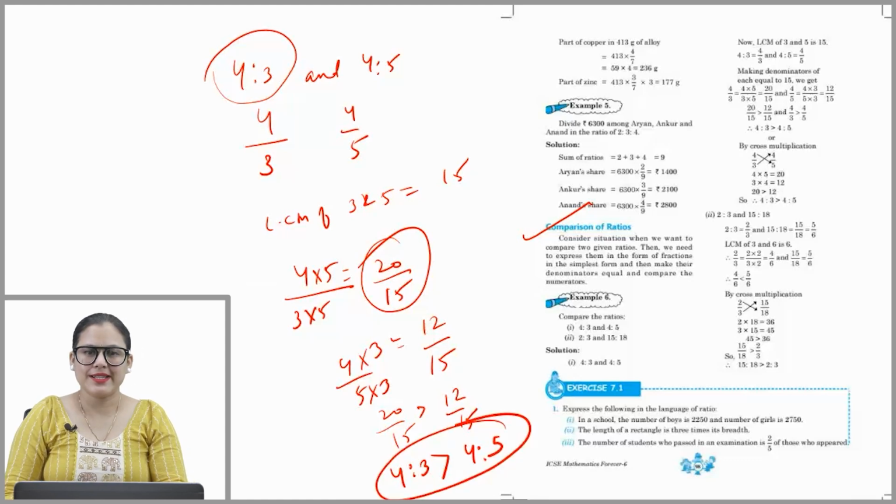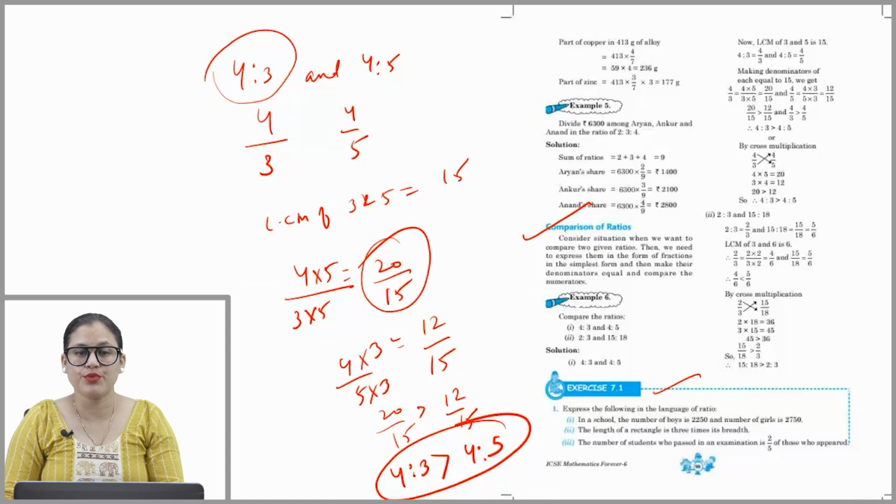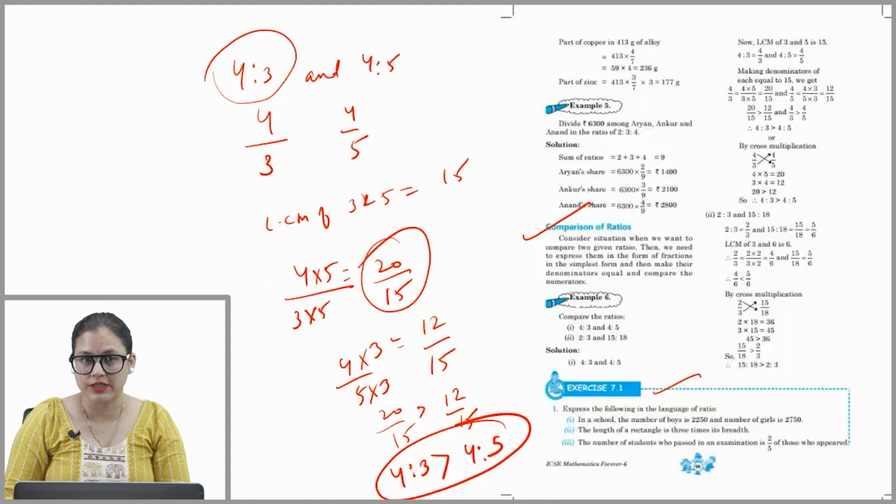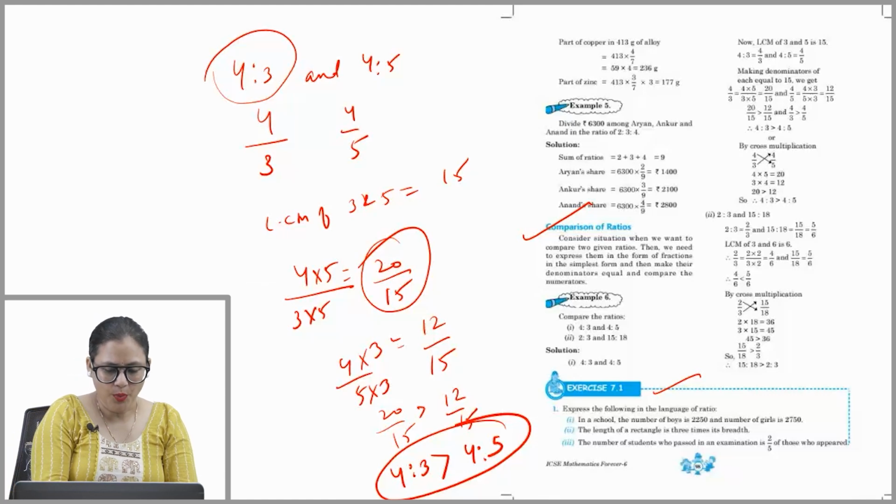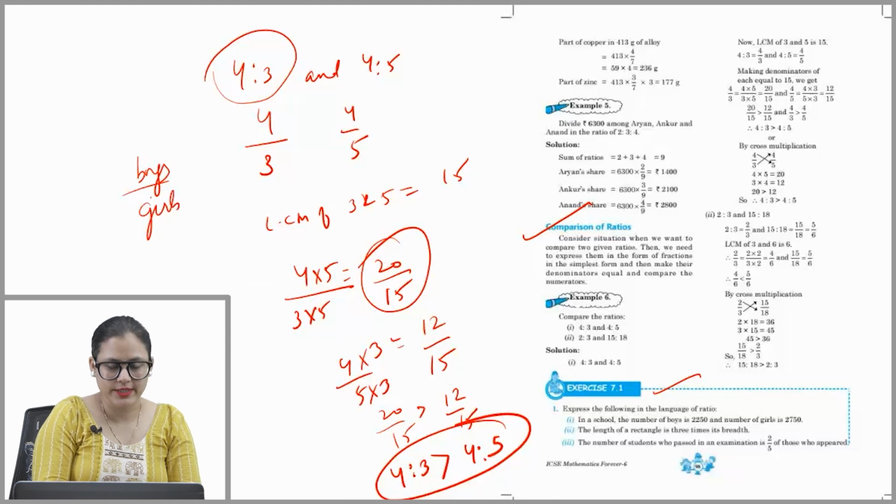Okay. Exercise 7.1. Number 1. Express the following in the language of ratio. In a school, the number of boys is 2,250 and number of girls is 2,750. So let's find out the ratio. Boys upon girls. Number of boys 2,250, girls 2,750. 0, 0 goes.